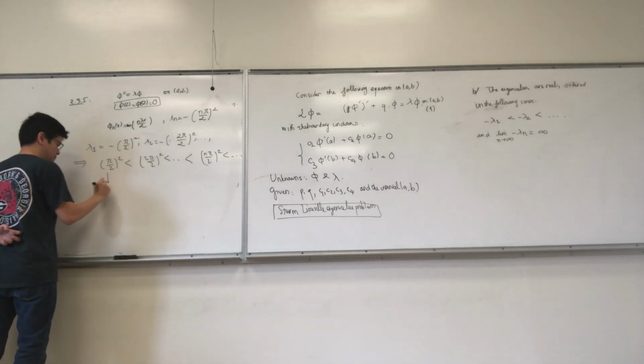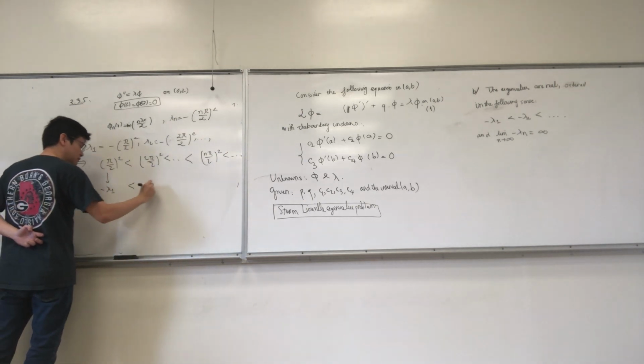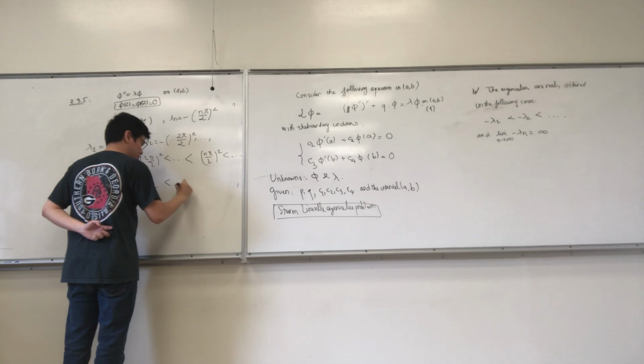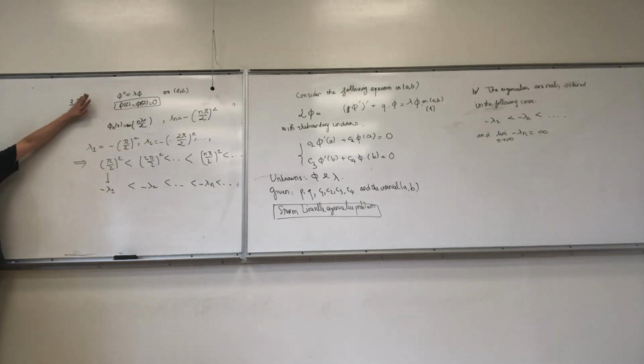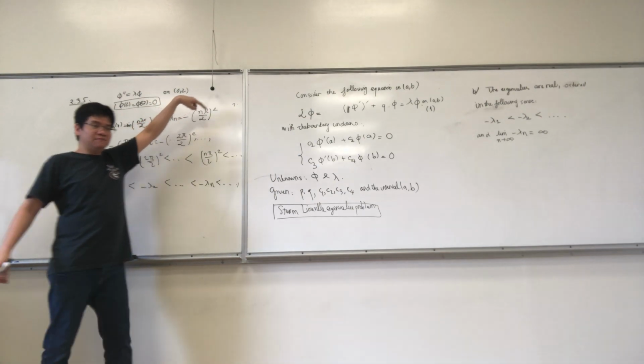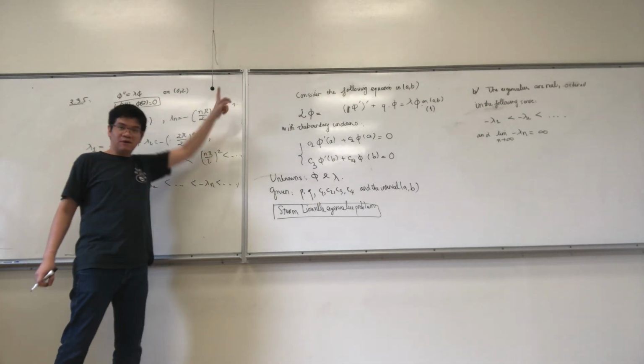This means that minus lambda 1 is smaller than minus lambda 2, smaller than minus lambda n. So in the previous example, 2.3.5, we know that lambda n is minus (n pi over 2) squared.